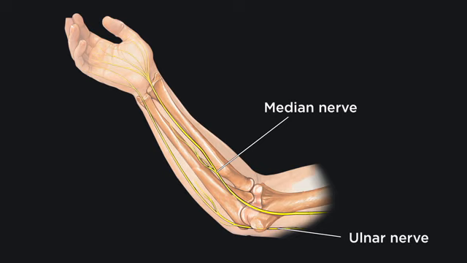So back to the median and ulnar nerves. The median nerve passes through the center of the cubital fossa to reach the anterior forearm, but the ulnar nerve does not. The ulnar nerve passes through the medial arm and then ducks behind the medial epicondyle on its way to the anterior forearm. And at the elbow, the ulnar nerve sits between the medial epicondyle and the olecranon process.